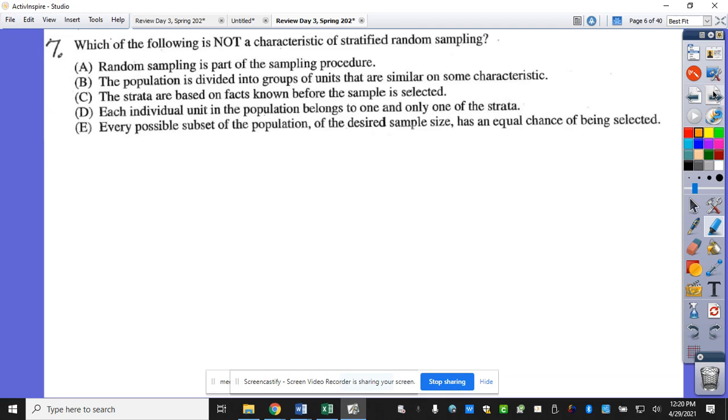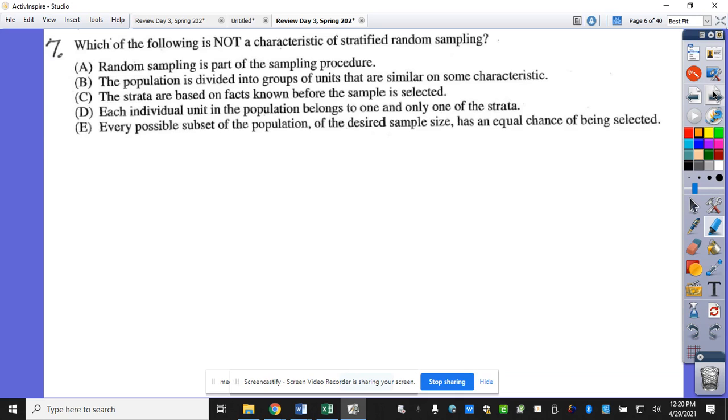What's another one? Cluster. What's another one? Simple random sample, and another one that starts with S other than stratified. Starts with SY. Systematic. One of those 5 answer choices is basically the definition of one of those 4 sampling techniques.